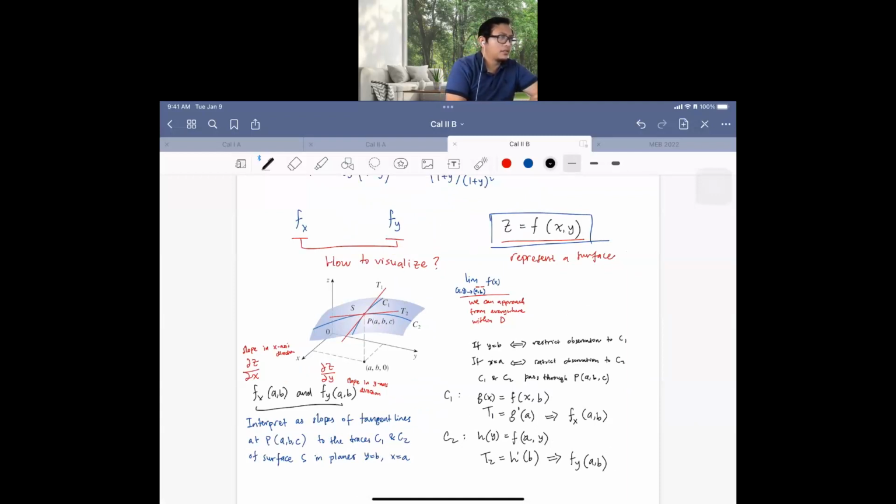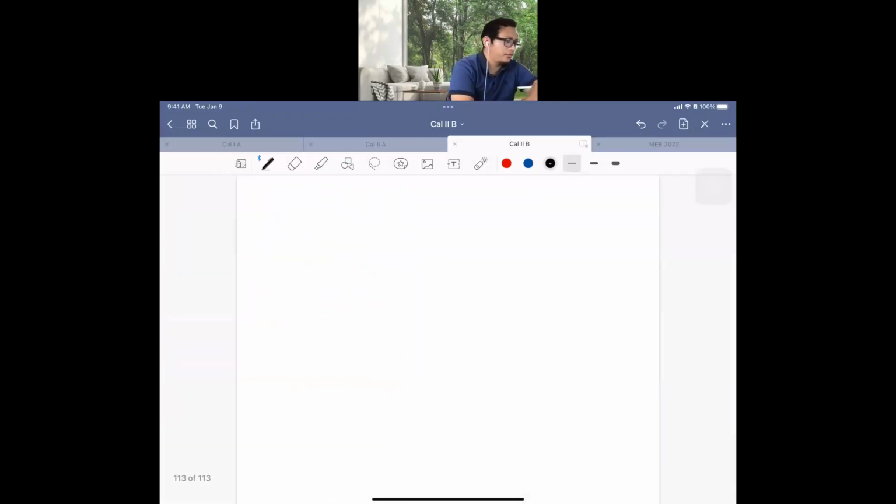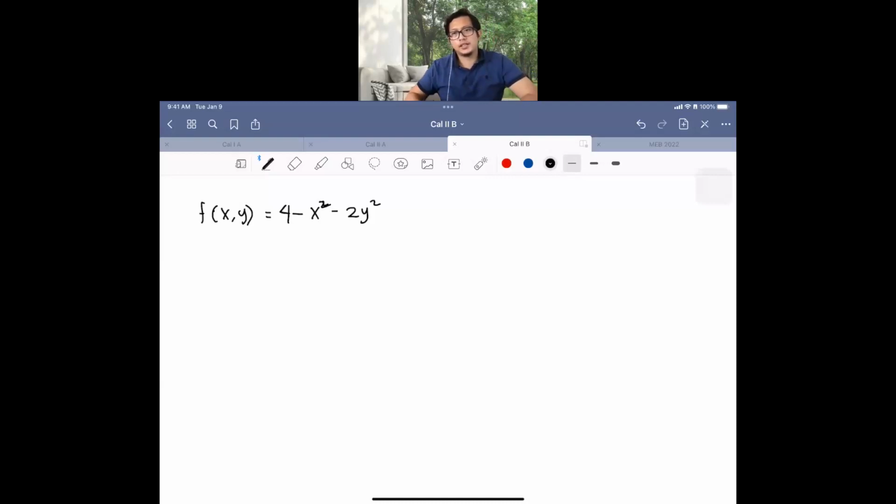Okay. Now let me give you more context on our subject. Let me give you a function. Now the functions that could appear in the partial derivative is a function that is probably from your chapter 12, the quadratic surface.